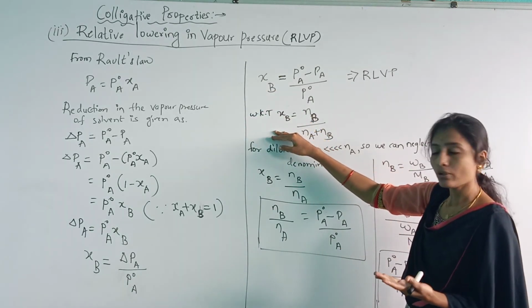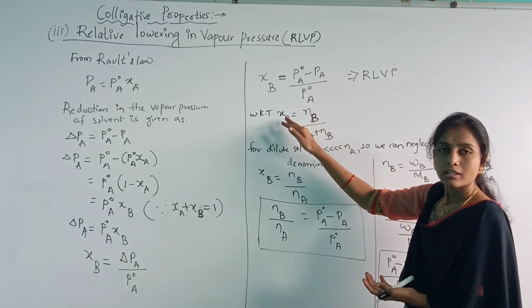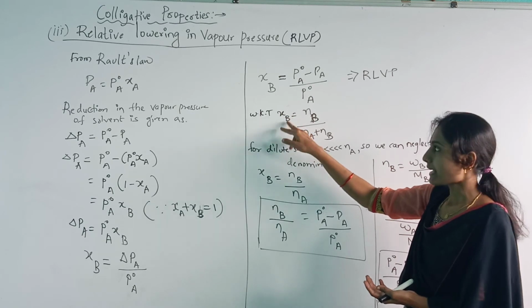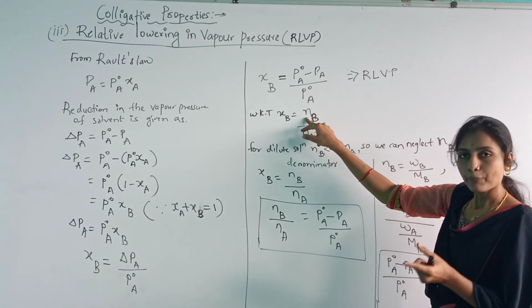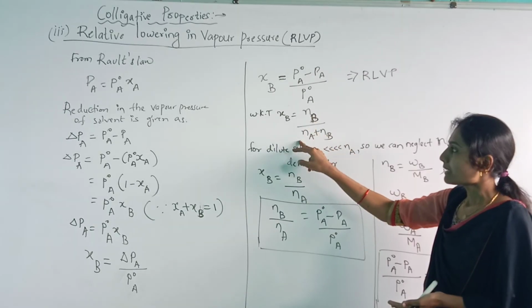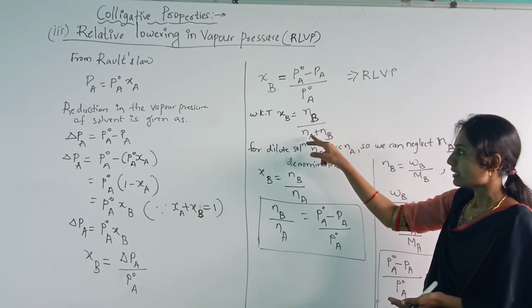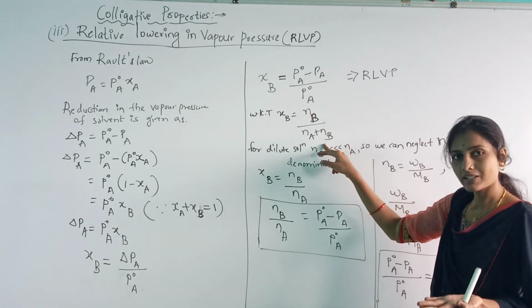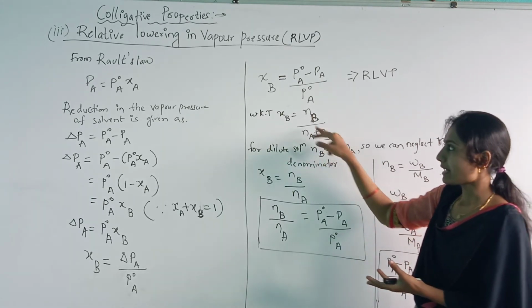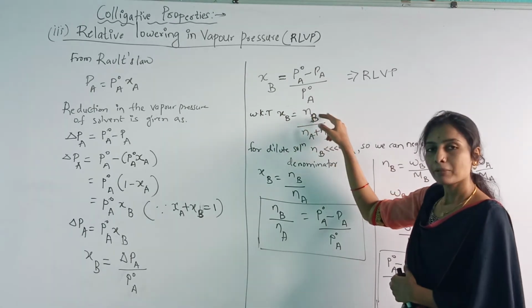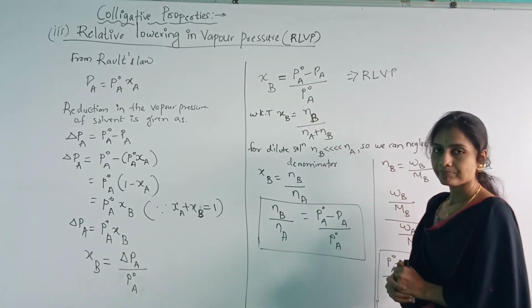Then we know the formula for mole fraction of solute, that is XB equal to NB, the number of moles of component B, that is solute, divided by the total number of moles, that is NA plus NB. As here we are taking only the two, this binary A and B, I can write XB is equal to NB by NA plus NB.